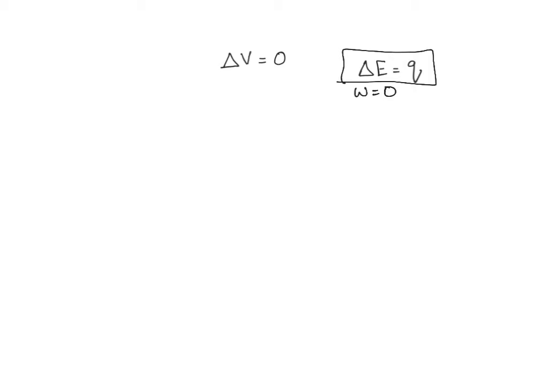Now, if we were interested in chemical reactions at not constant volume but constant pressure. Constant pressure reactions are the ones that we conduct in open vessels, open reaction vessels.